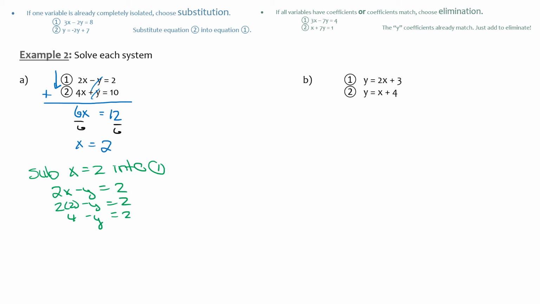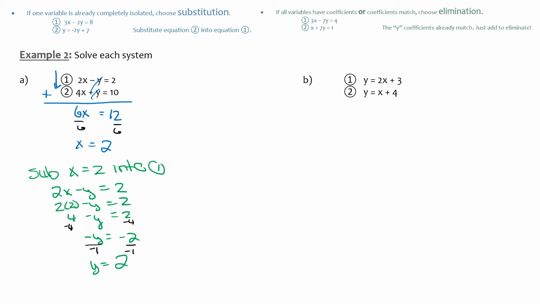I'm going to bring the constants over, subtract 4 from both sides because that 4 was a positive 4. That gives me negative y equals negative 2. And again, we've got a negative in front of the y. We have to get rid of it by dividing both sides by negative 1. And that gives us y equals 2.